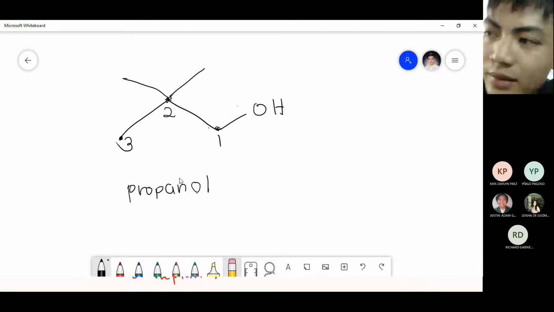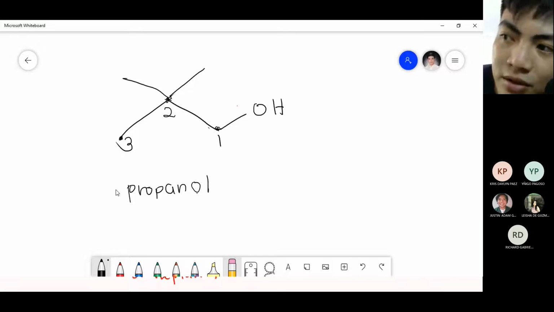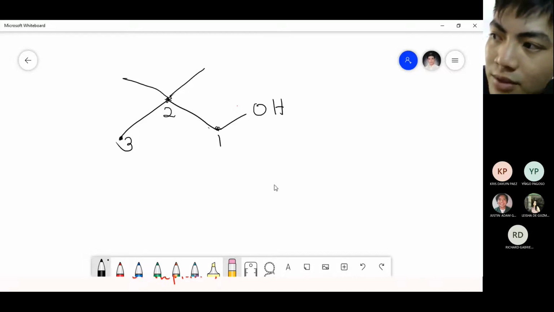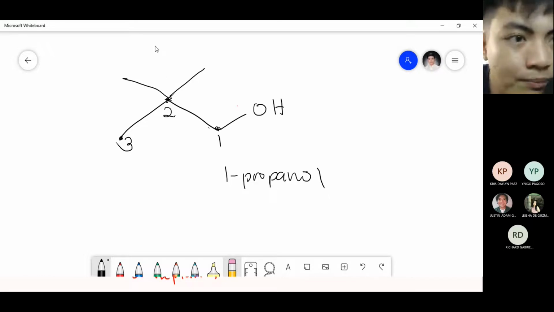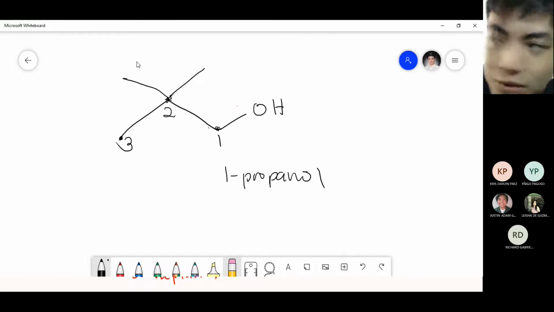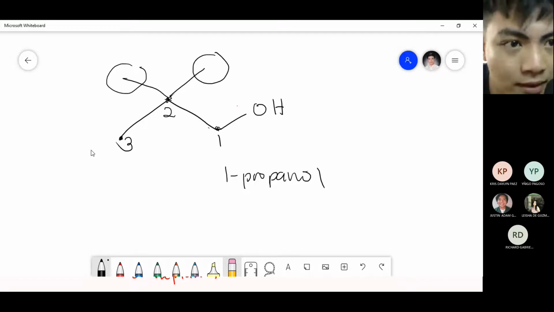Tas ano pa? Yung OH nasa first carbon. So that will be 1 propanol. Okay? Nasa first carbon yung OH. Tas ano pa? May dalawa ka pang substituent. So 1, 2. May dalawa kang methyl.